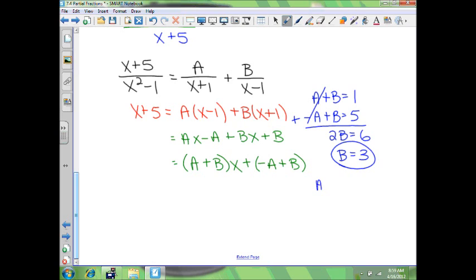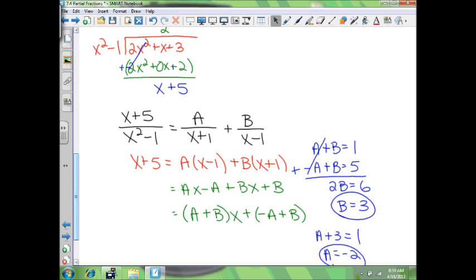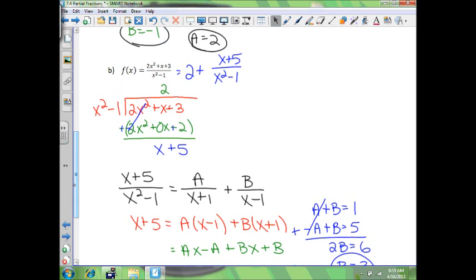Now, since A plus B equals 1, and B is 3, that means A equals negative 2. Putting this back into our partial fraction decomposition, A is negative 2, B is 3. Again, you should be able to see that we're going to have vertical asymptotes at x equals plus or minus 1, and a horizontal asymptote at y equals 2.